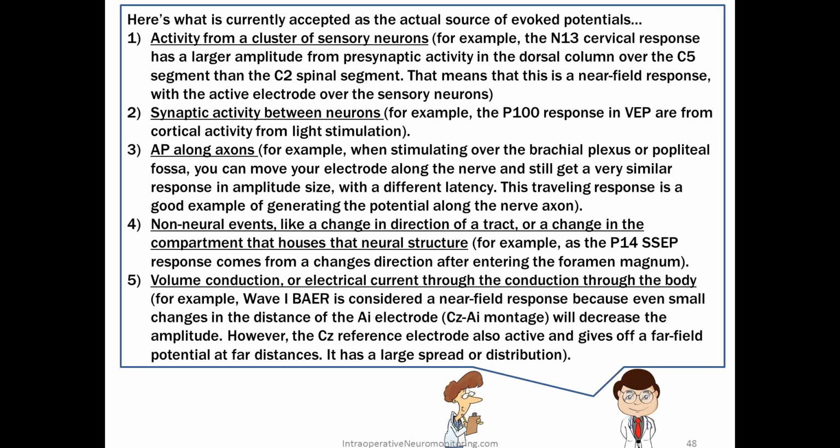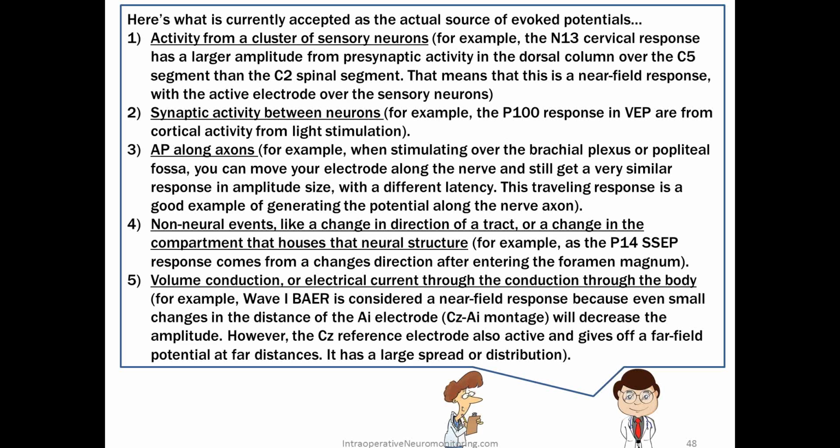And that's if you have your setup going from C2 to FPZ and or C5 to FPZ. But if you took your reference electrode and placed it on the hand, say, or a non-cephalic, you would be less likely to have any of that dorsal column, cuneate nucleus, postsynaptic activity, but more likely to have some of those brachial plexus far field potentials that we saw in that previous slide.